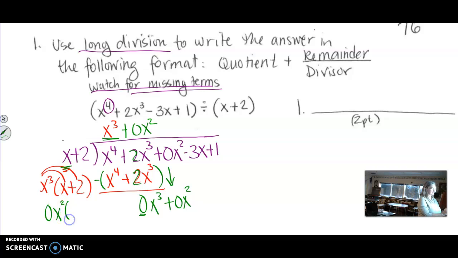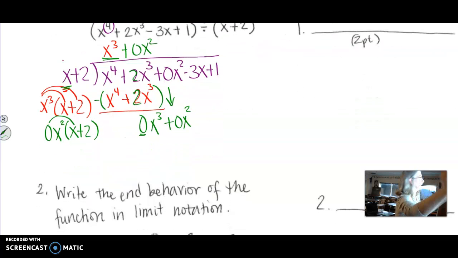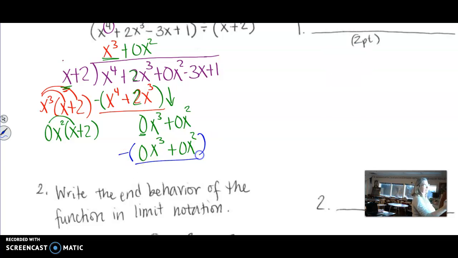If I multiply 0x squared times x plus 2, I get 0x to the 3rd plus 0x squared, since 2 times 0 is 0x squared. Now when we subtract again, we get 0x squared, and I drop down the minus 3x.